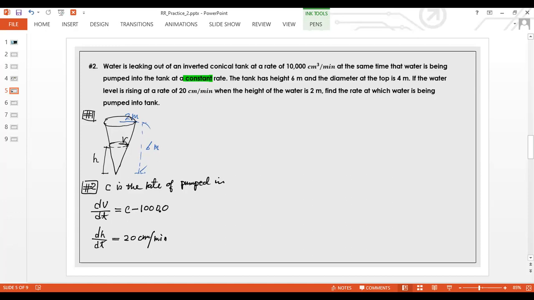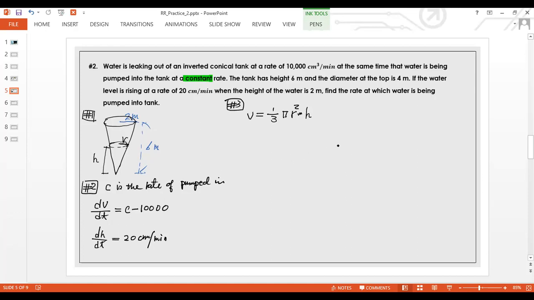Okay, so now the next thing here is, what is the relation we have? The relation we have is the volume, right? Because it is a cone, the volume is 1/3 pi r squared h, okay?